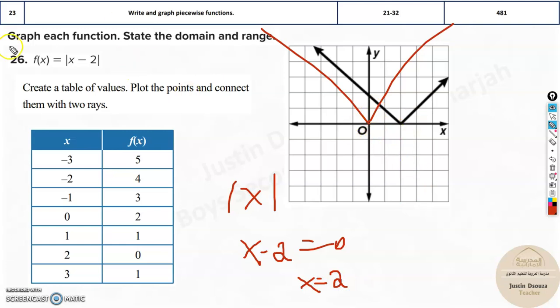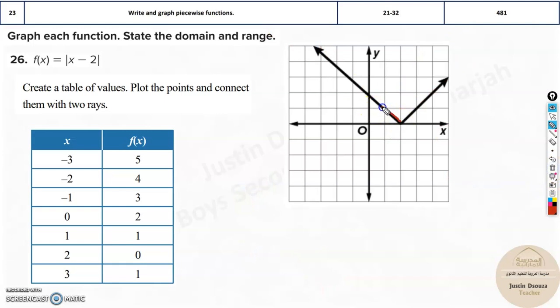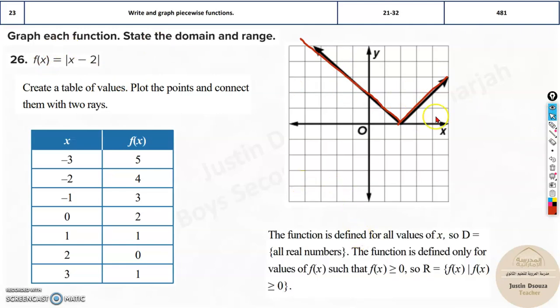So it moves 2 to the right side. Otherwise, you can easily remember when it's minus, it will be plus 2. It moves to the right side by 2 and that is it. So remember, for 1 unit 1 like this, it's the absolute value function. Now you can write the domain and range. Range is all values greater than or equal to 0. Domain is all real numbers.